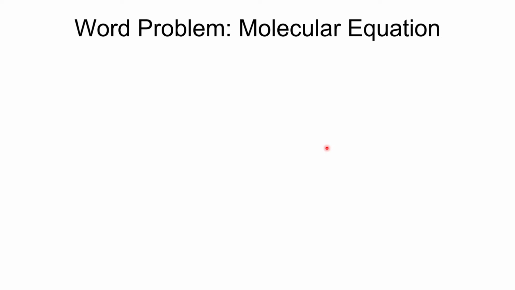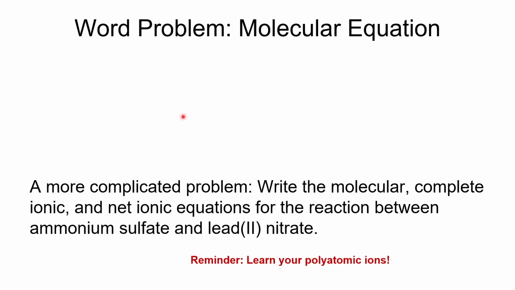Sometimes you'll be given these as word problems, and that means that you will want to be able to do these just based on the word description. So here is the word problem, and I like these because it makes you have to think them through.